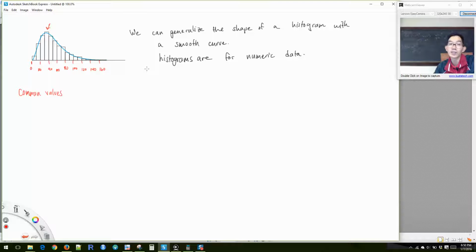Values between 20 and 60 seem to be quite common. So let's say 10 to 60 are common values, where the most common is something between 30 and 40.